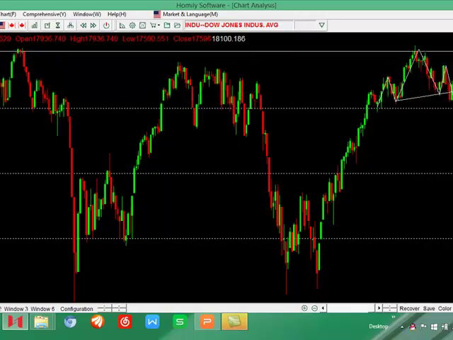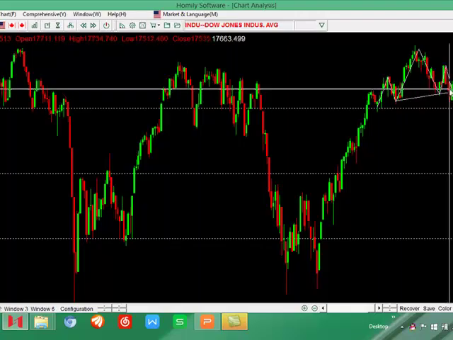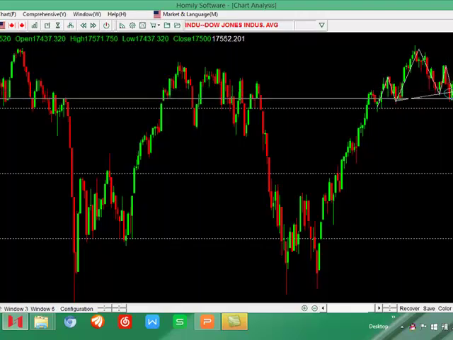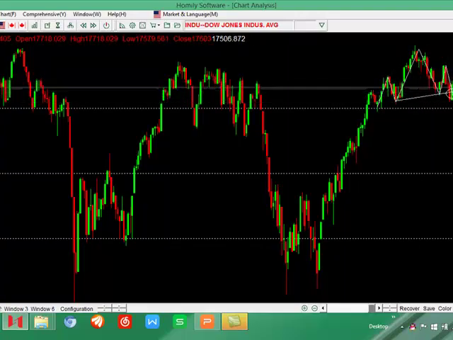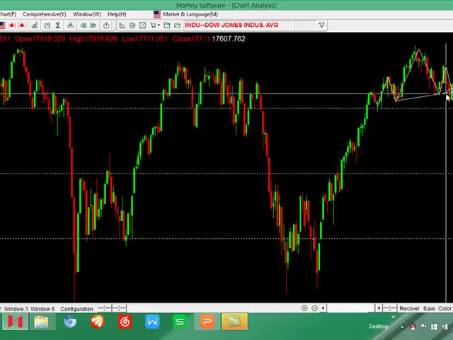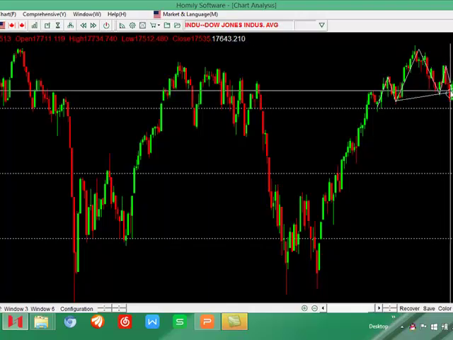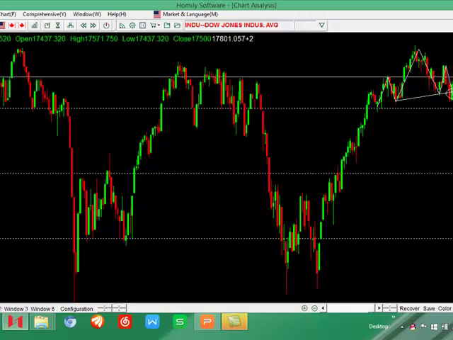When the index or the share breaks downward through the neckline, that will be the sell point of the index or the shares.